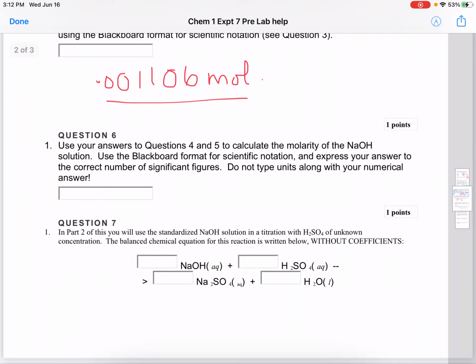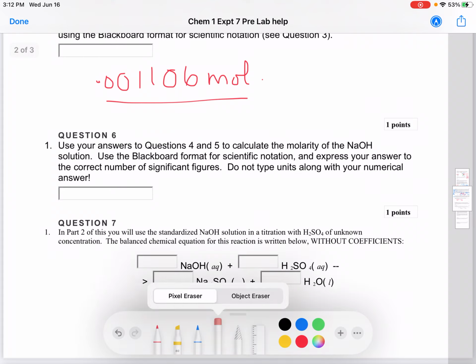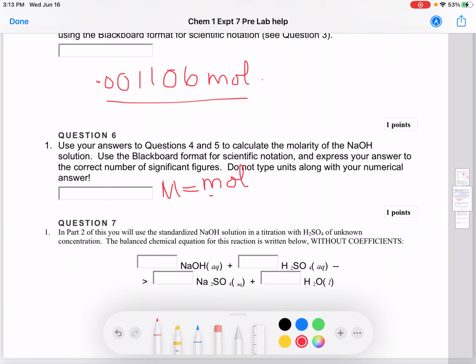So molarity would be moles over volume: 0.001106 moles divided by the volume 13.64. Remember, 13.64 is in milliliters, so you always convert it to liters.